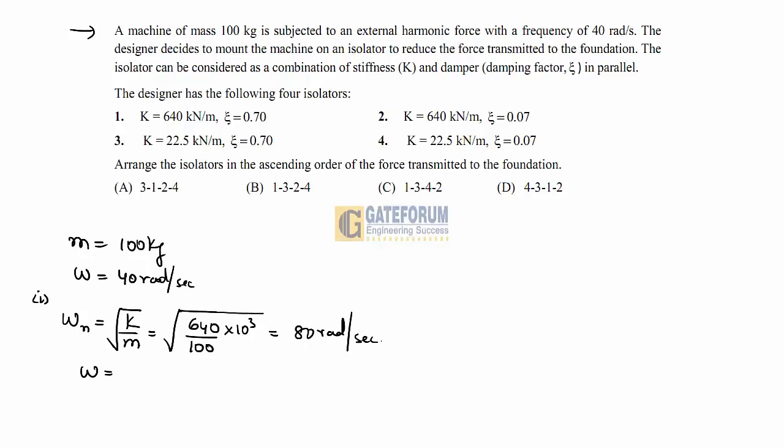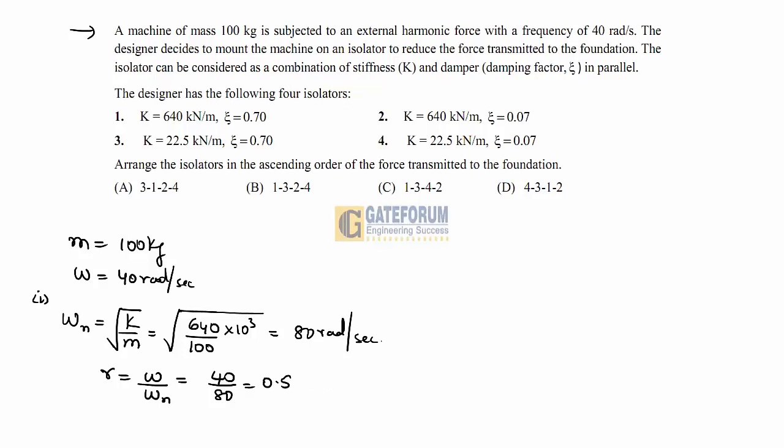So R is equal to omega by omega n, that is equal to 40 by 80, that is equal to 0.5. R is 0.5. And next is zeta, I am required to calculate.